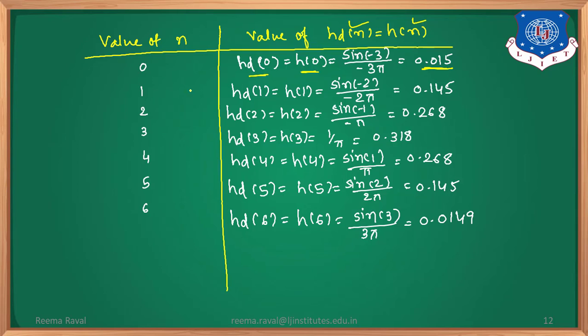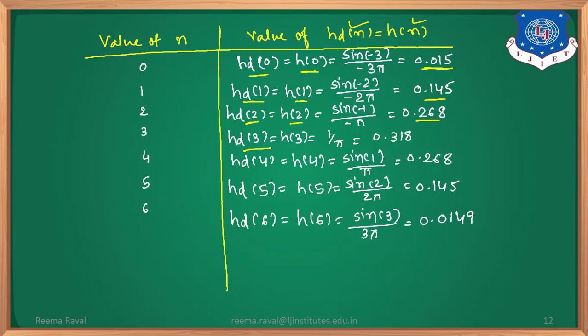In the same way, taking n equals 1, we obtain h of 1, whose function is sine(minus 2) divided by minus 2 pi, which equals 0.145. Next we take n equals 2. For that, h of 2 will become sine(minus 1) upon minus pi, the value of which will be 0.268.